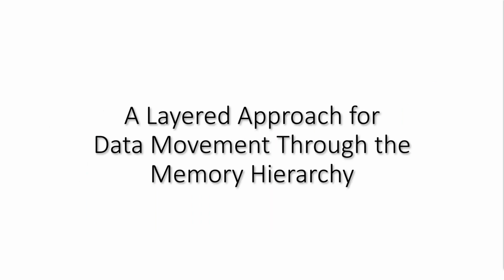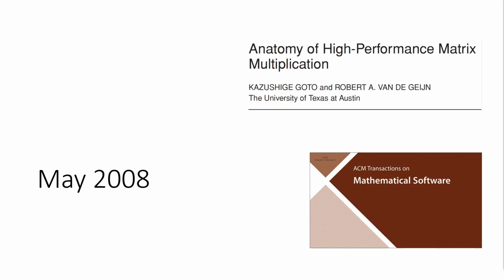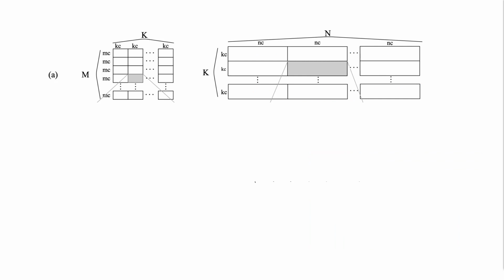And we do this by taking a layered approach for data movement in the memory hierarchy. We start by looking at the work of Goto and van de Geijn, who produced a paper focused on high performance matrix multiplication, and we adapt it to our work in LLVM. So we start by taking the matrices A and B and tiling them to fit in cache.